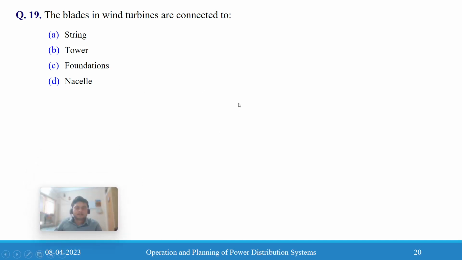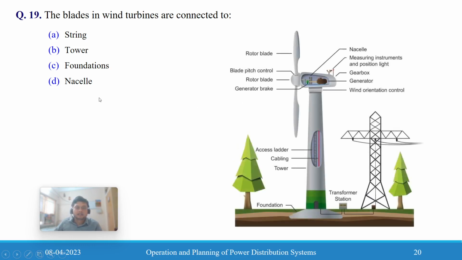I have put one figure here for your better understanding. This is the figure of a wind turbine, and we can see the rotor blade, which is connected to the Nacelle. This whole round-shaped part connected to the rotor blade is called the Nacelle. It contains the gearbox, generator, and generator brake, all under this Nacelle part.